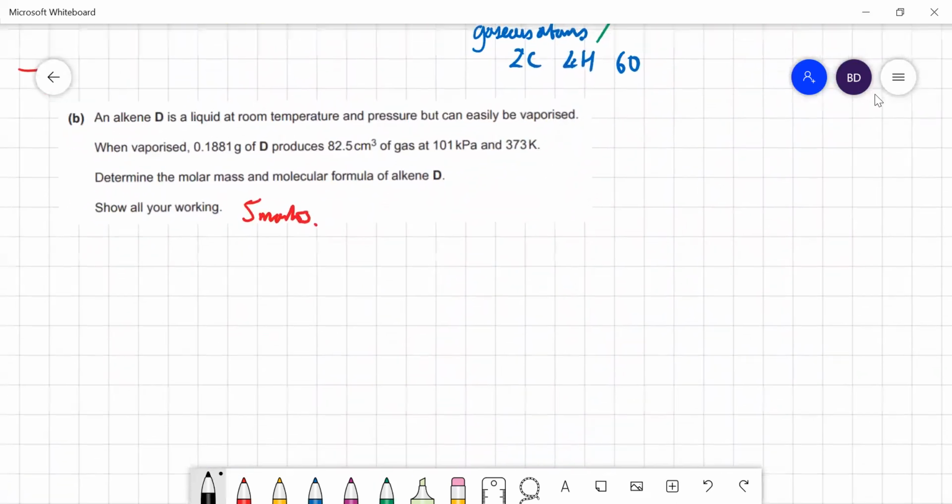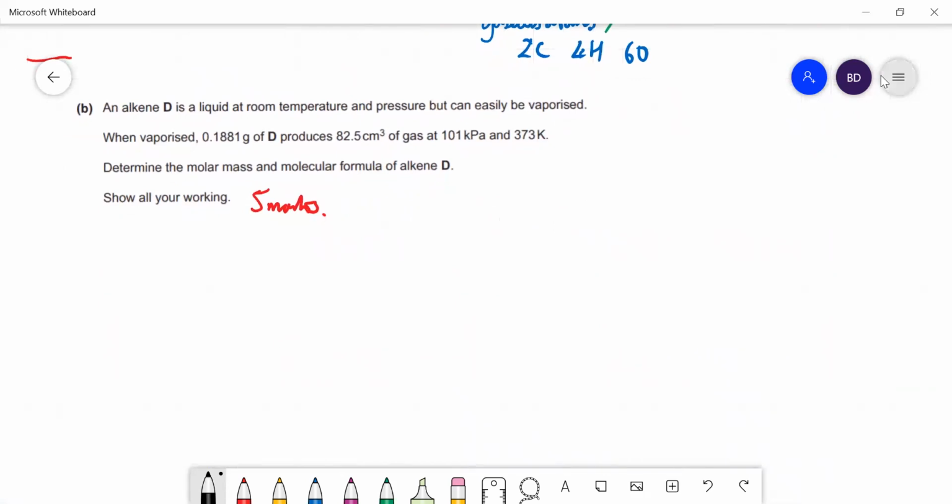Right, now here's an ideal gas calculation for 5 marks. Alkene D is a liquid but can be easily vaporized. When it's vaporized at temperature 3, so that's 100 degrees C, it produces a certain amount of gas, and we've got to determine the molar mass from that. How do we do that? We need 2 equations. We need the ideal gas equation, PV is equal to nRT. From that, we're going to work out the number of moles of gas.